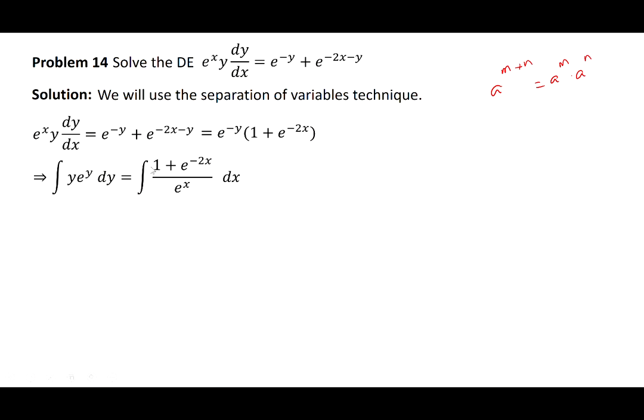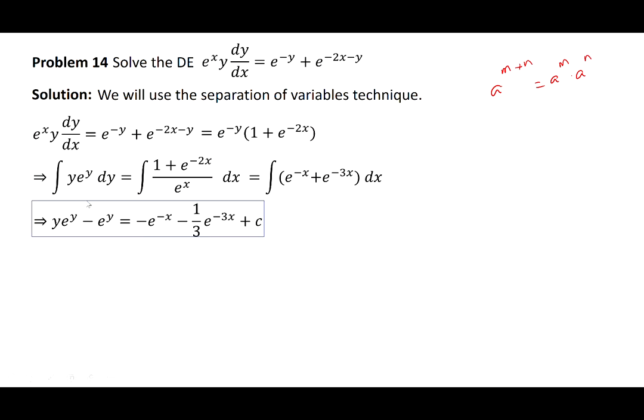Can I separate this into two fractions? 1 over e to the x plus e to the negative 2x over e to the x? Yeah. What is 1 over e to the x? e to the negative x. What is e to the negative 2x over e to the x? e to the negative 2x minus x, which is e to the negative 3x. So the left-hand side is y e to the y minus e to the y.